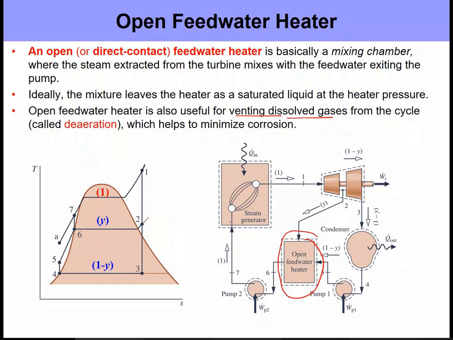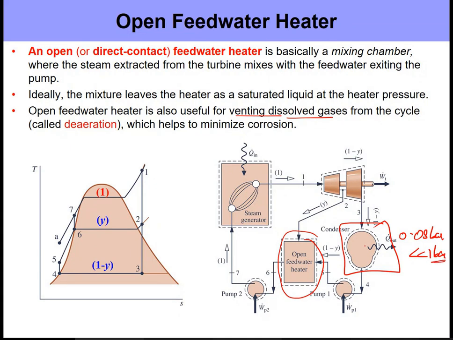By doing this, we are able to reduce corrosion. Now, what gases can get into the cycle and where do they get in? Well, remember that condenser pressure is much smaller than atmospheric pressure, right? It's 0.08 bar or around there, so it's much smaller than 1 bar, which is about atmospheric pressure.